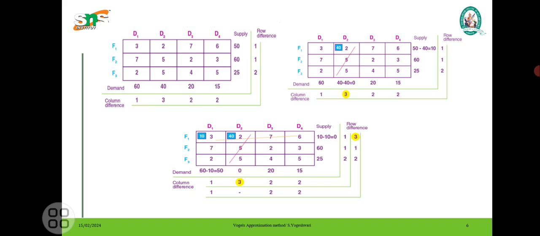Next, the remaining values are the same. The minimum values for the first row are 6 and 3, so the difference is 3.